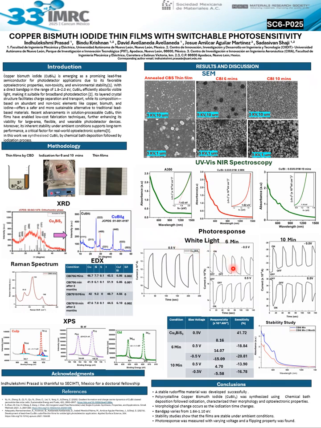Photodetector properties like photoresponse were also measured using white light. Here we observe one change. For copper bismuth sulfide we get a normal response by applying a biasing voltage of 0.5. For copper bismuth iodide, as we apply a positive voltage, the response is negative.